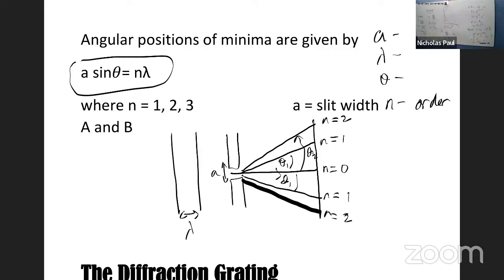If you have an order 2 on the left side, you also have an order 2 on the right side. Okay? It's symmetric about the order 0. Whatever you have on the left, you'll always have on the right. Well, the hardest thing in the questions is to find a. a is the separation of one of the slits. All right?